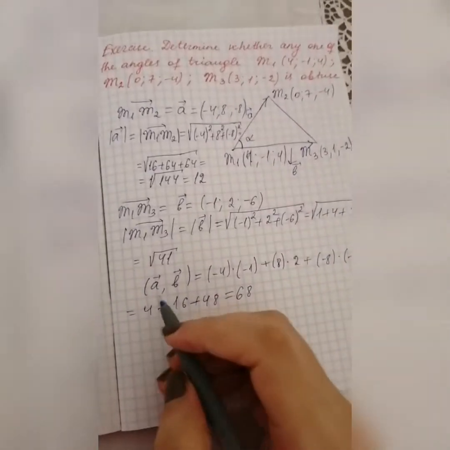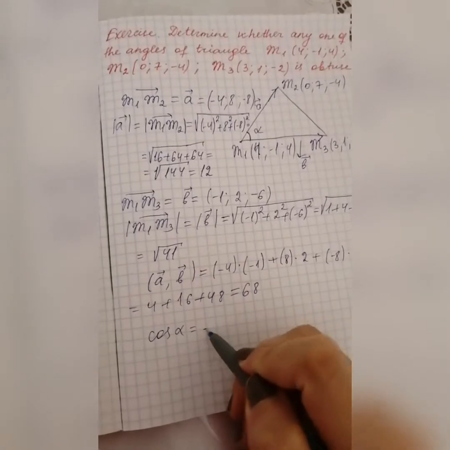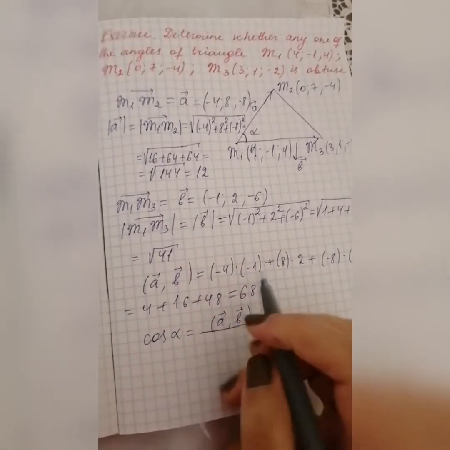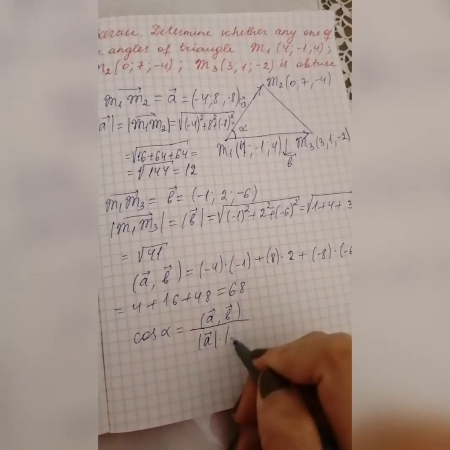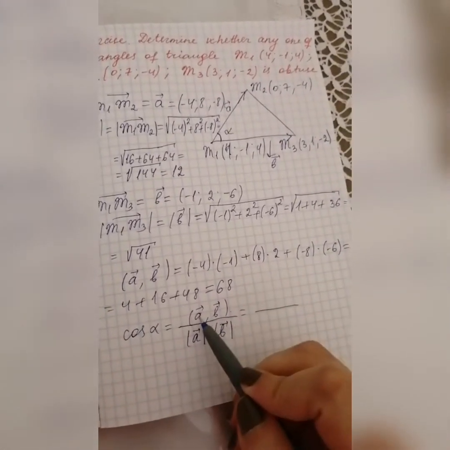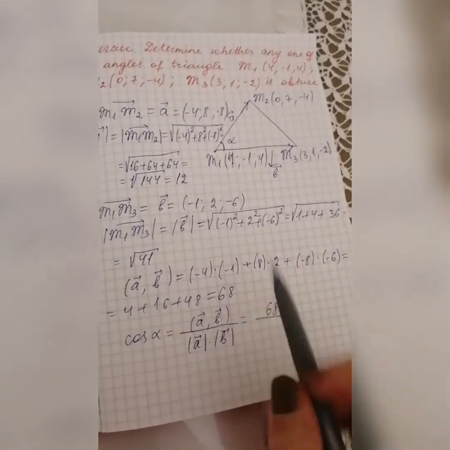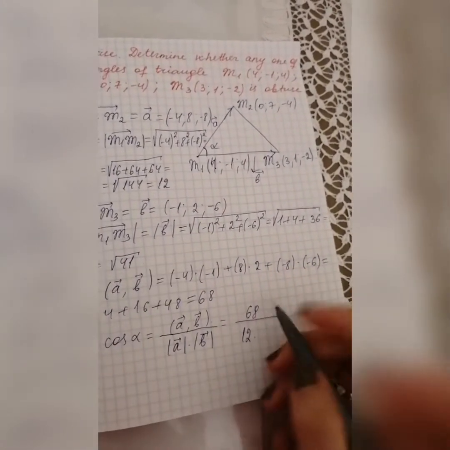Yes. And the cosine of alpha is equal to the scalar product of the vectors A and B over the modulus of vector A times the modulus of vector B. The scalar product of A and B is 68, the modulus of vector A is 12 and the modulus of vector B is the square root of 41.